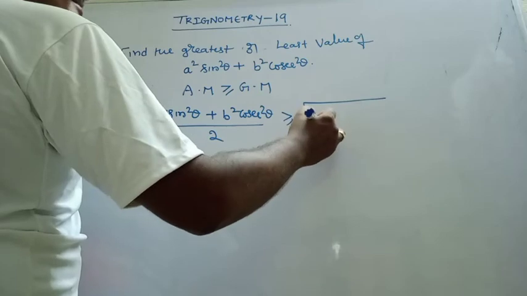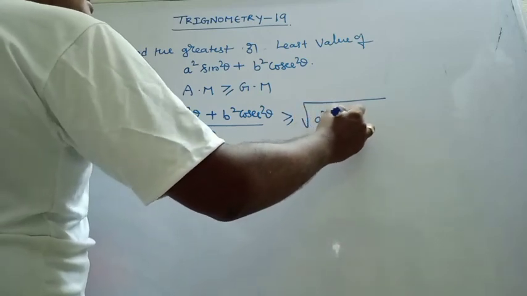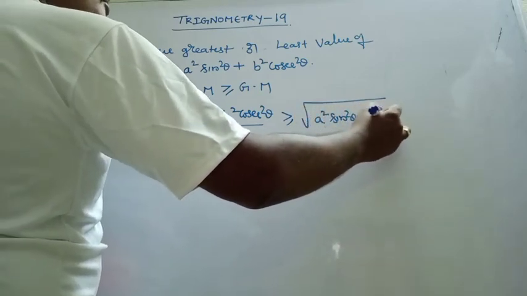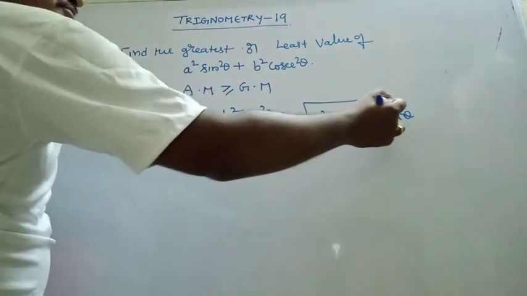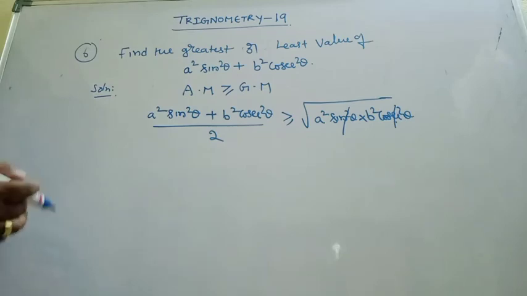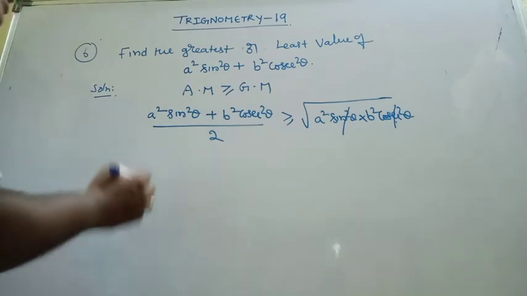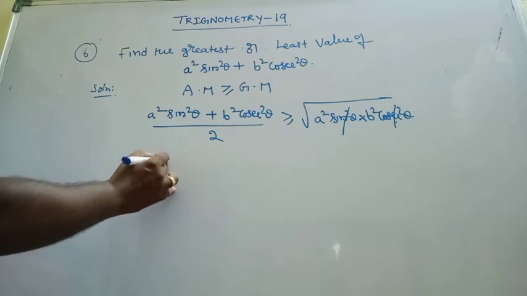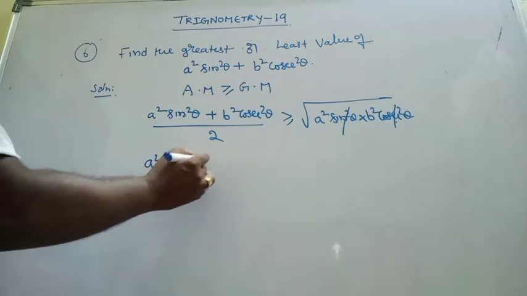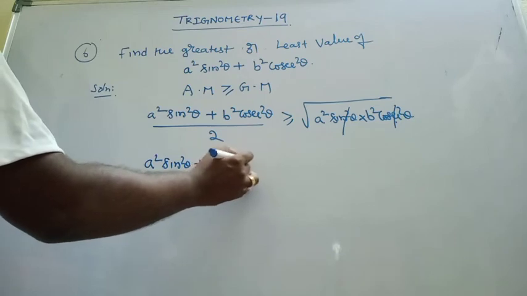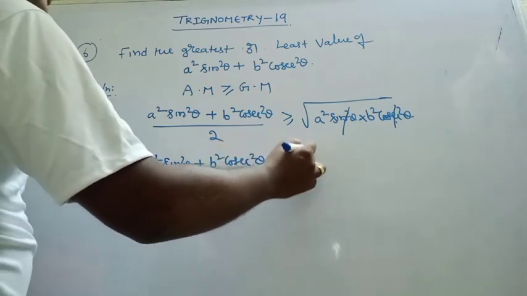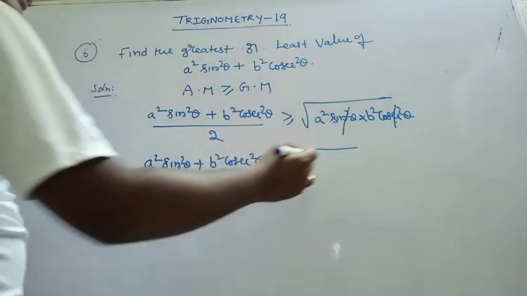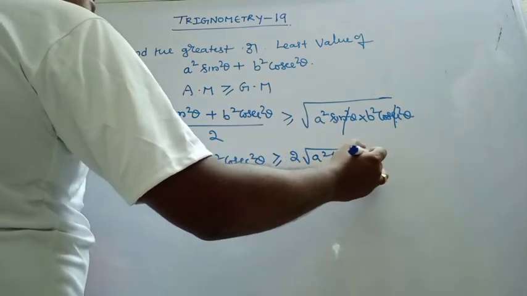That means you get the square root of a square sine square theta into b square cosecant square theta. Now sine square theta and cosecant square theta cancel each other because they are reciprocal functions. Then what you get is a square sine square theta plus b square cosecant square theta is greater than or equal to 2 times the root of a square b square, which is of course 2ab.